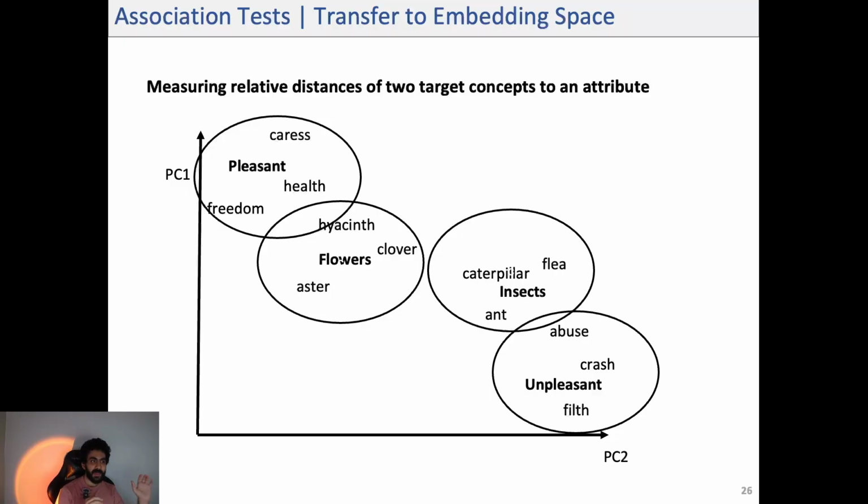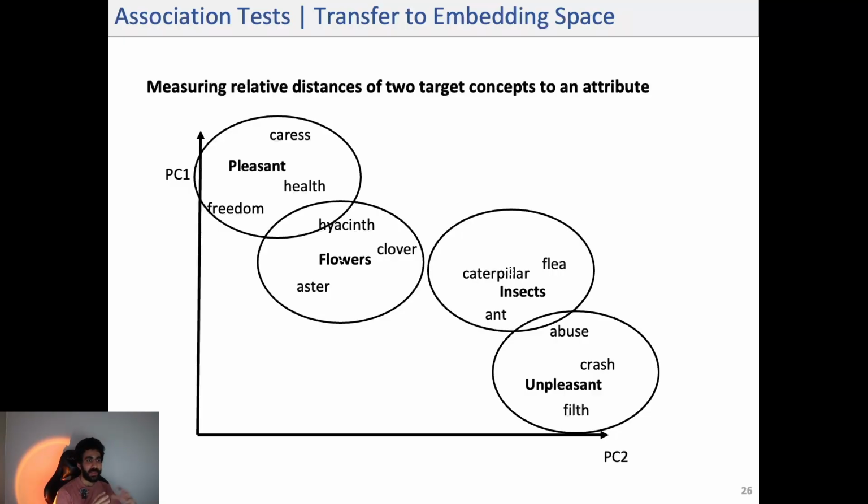On the top left, we have words like chaos, freedom, health, grouped under pleasant. Below them, words like aster, clover, categorized as flowers. On the right, we see caterpillar, flea, and ant under insects. And further down, we see abuse, crash, and filth under unpleasant.